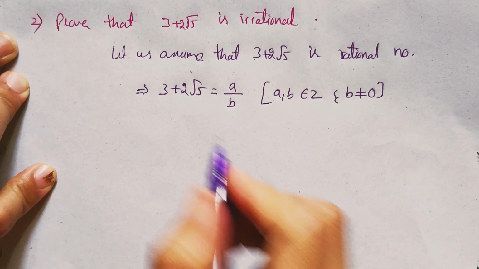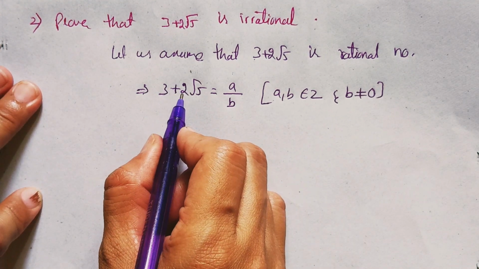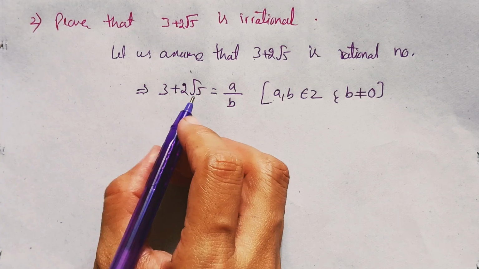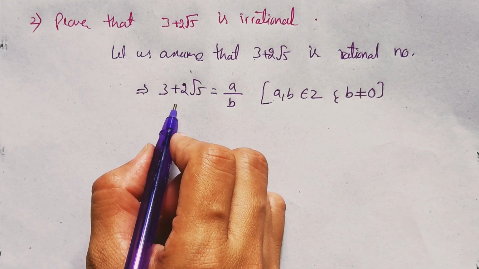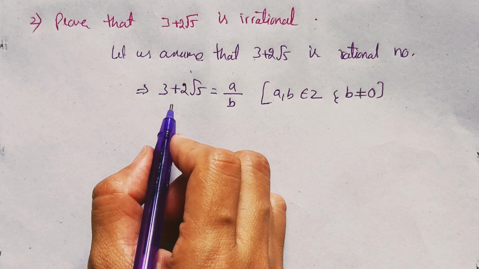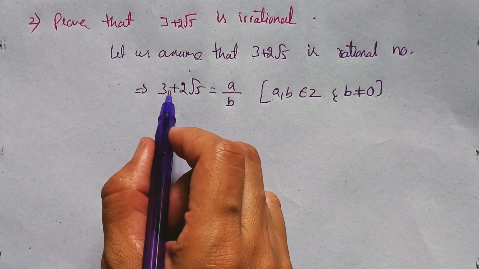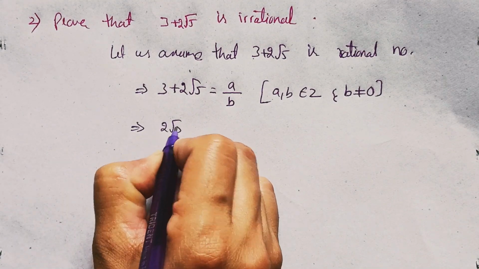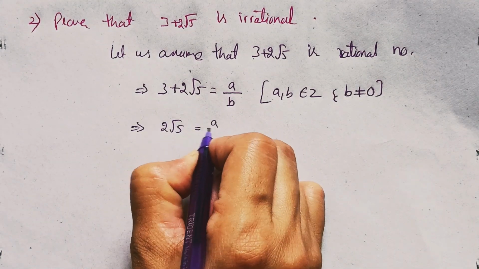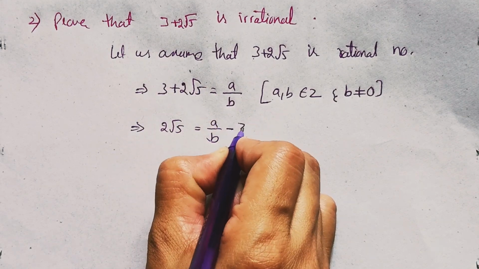Now I am sending this 3 to that side. Then it will become 2 root 5 equal to a by b. Here plus 3 is there. When it comes to this side, it will take minus 3.